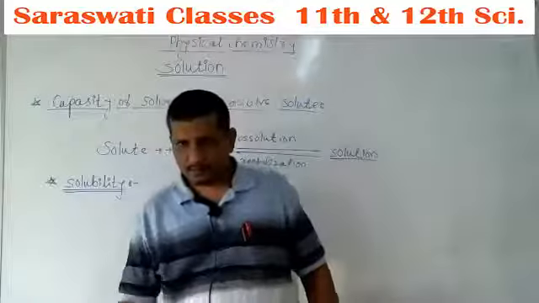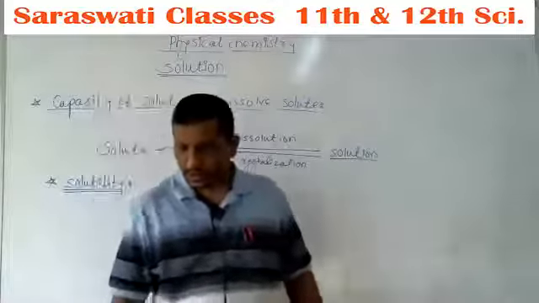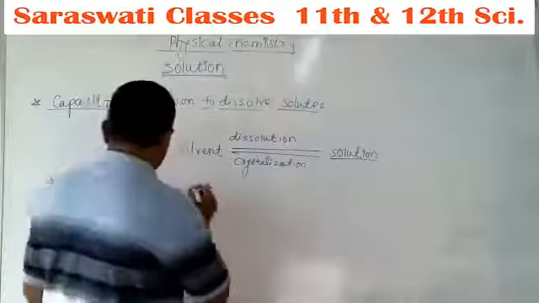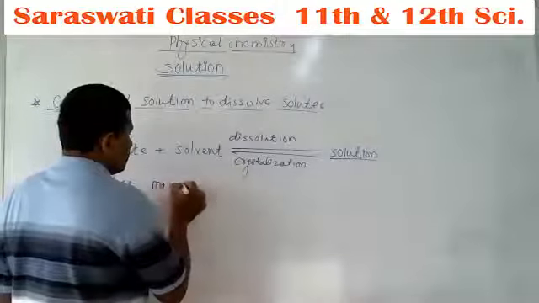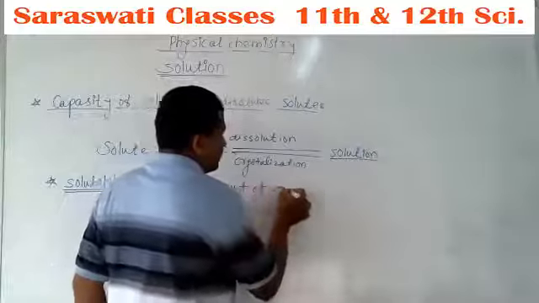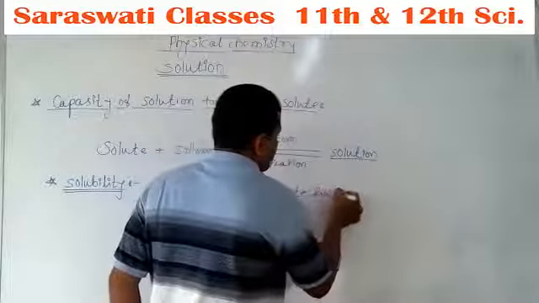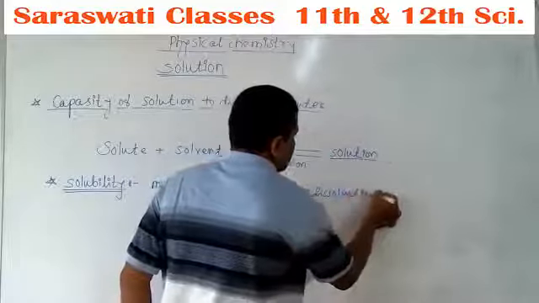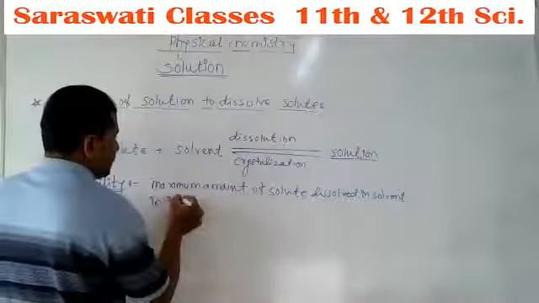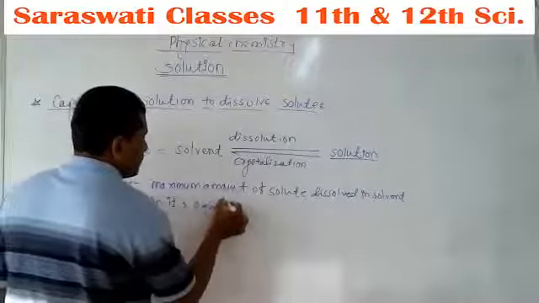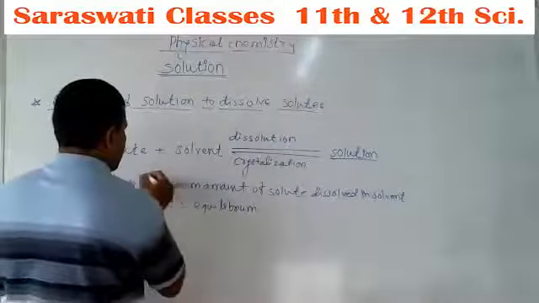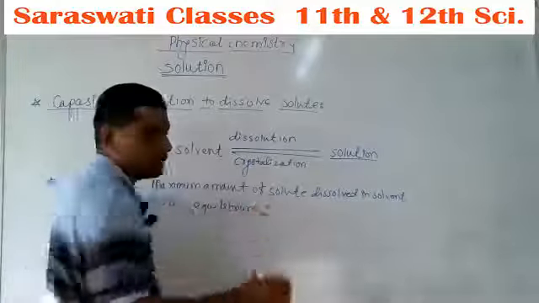We see the first, because only the last 10 minutes remain. Solubility: the maximum amount of solute dissolved in solvent at its equilibrium is called solubility.